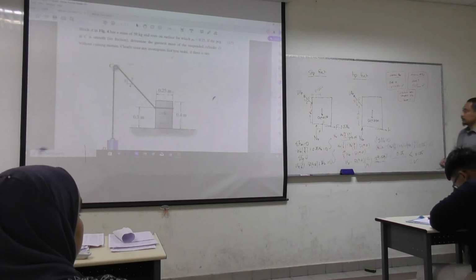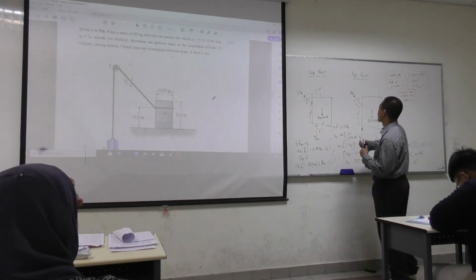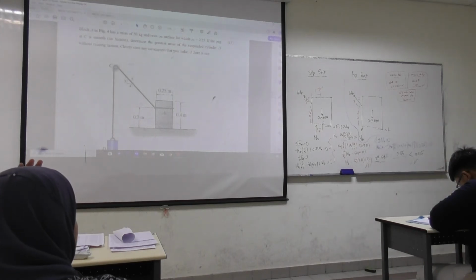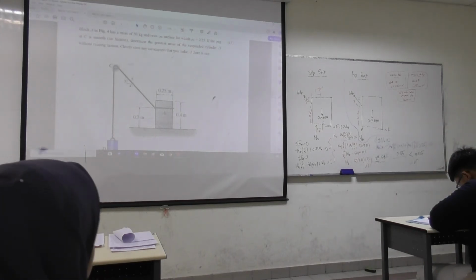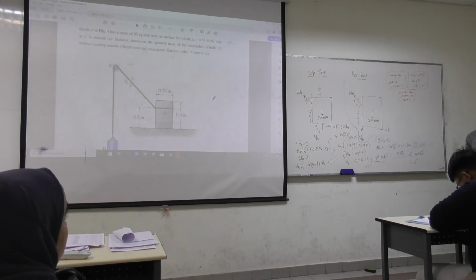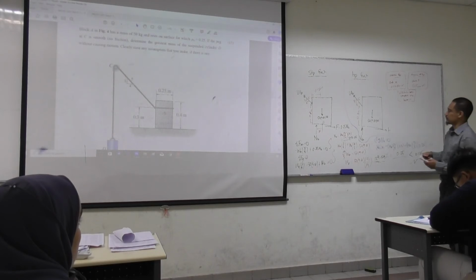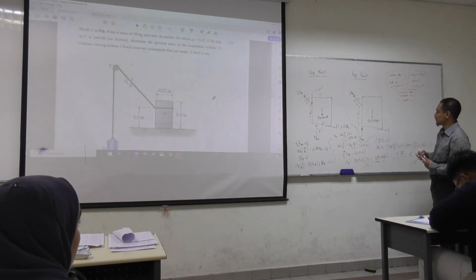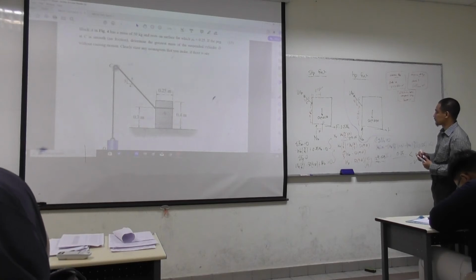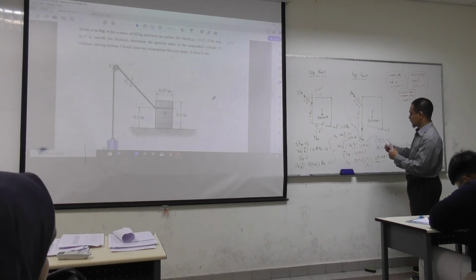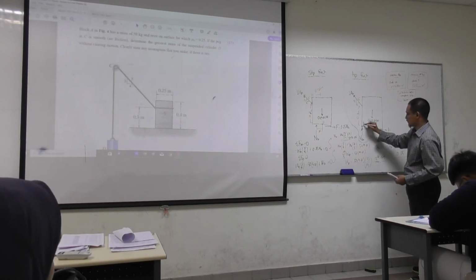Okay. Now, if you happen to actually assume tick first, right? Then you draw this one. How do you solve? So you have 3 unknowns. Okay, in this case, I can select my point, let's say point A here.